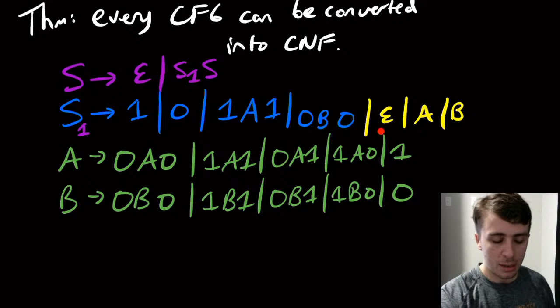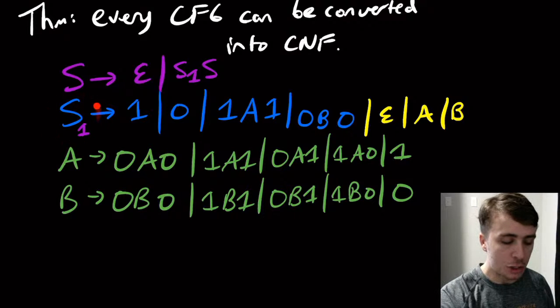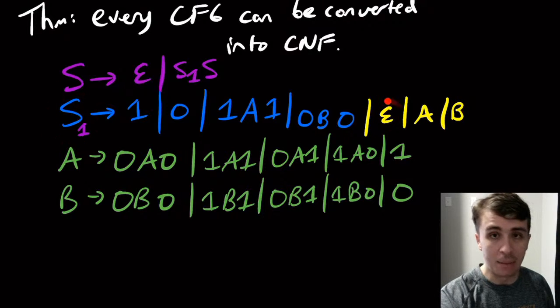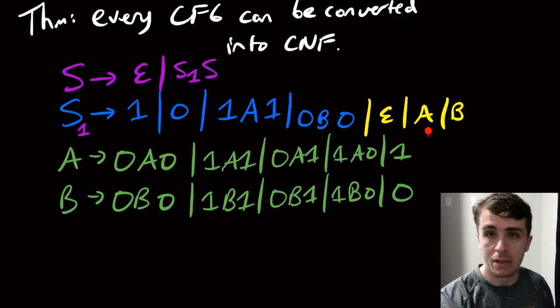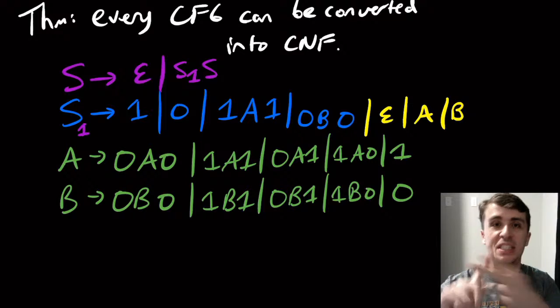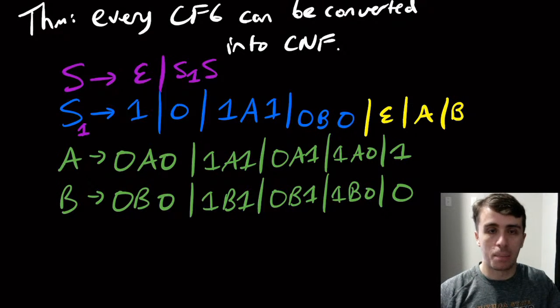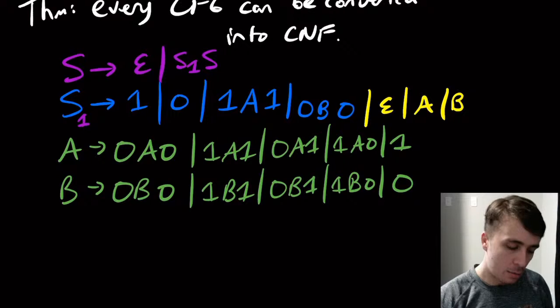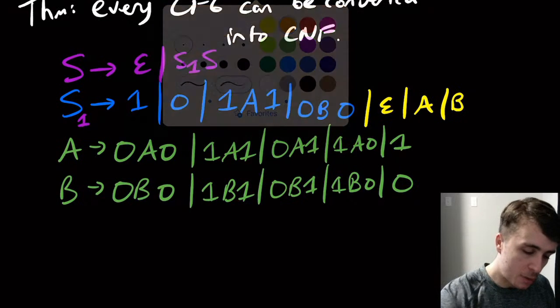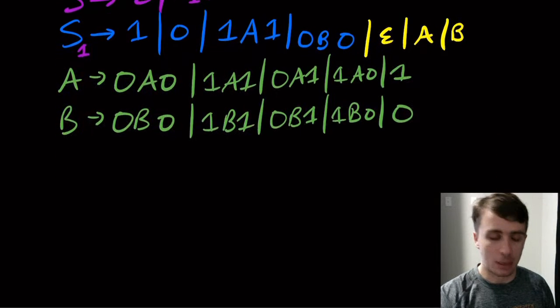So this grammar is again not in CNF because we have a non-start variable making the empty string, and we have right-hand sides that have a single variable. We can have exactly two variables or exactly one terminal, but nothing else other than S making the empty string, which is okay. So the way that we convert this is with a 5-stage conversion.